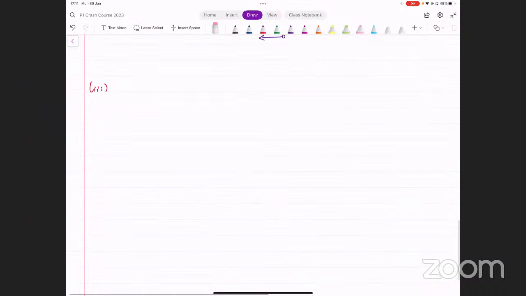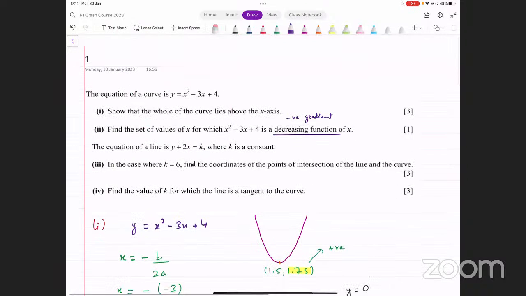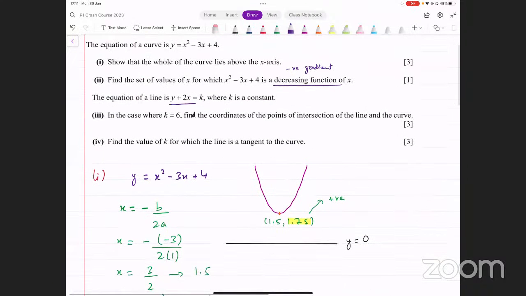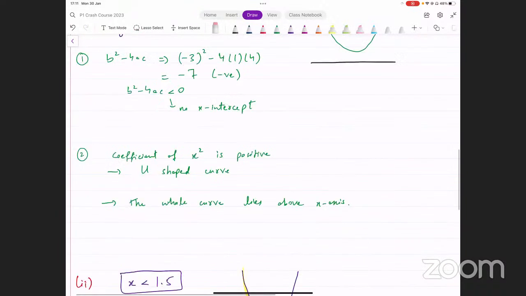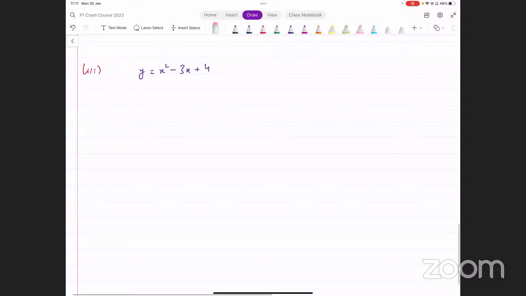Let me write down both of them here. Y equals x squared minus 3x plus 4. This is the equation of the curve, and the line is y plus 2x equals k. You can write this down as well. Y plus 2x equals k. This is the straight line.